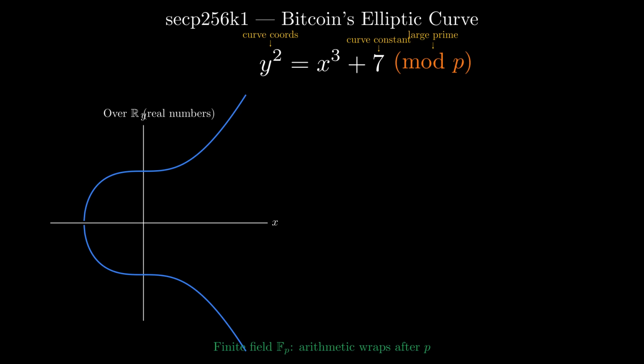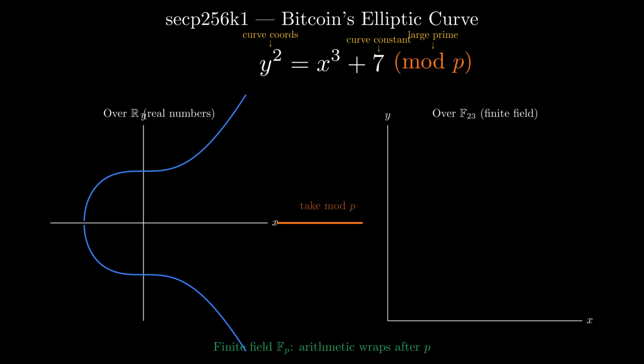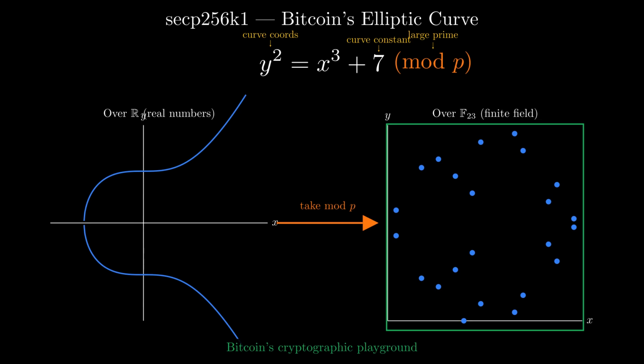This is called a finite field, a number system with finitely many elements where addition and multiplication still work cleanly. Inside that finite field, the curve no longer looks like a smooth line. It becomes a scatter of discrete points. Those scattered points are the entire playground for Bitcoin's cryptography.